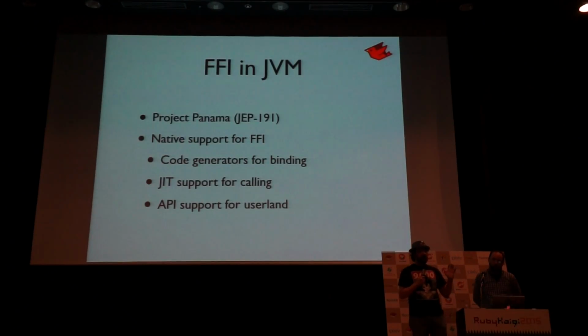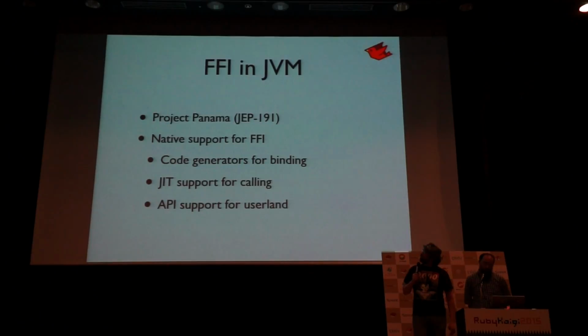FFI has been a great addition to the Ruby world. I've been very excited that folks are starting to pick it up, use Ruby code to call into C, rather than writing C code that we can't connect into JRuby. So we're working with OpenJDK folks to add a native FFI to the JVM, to OpenJDK. It's called Project Panama. It's bridging north and south, Java, JVM world, and native world.